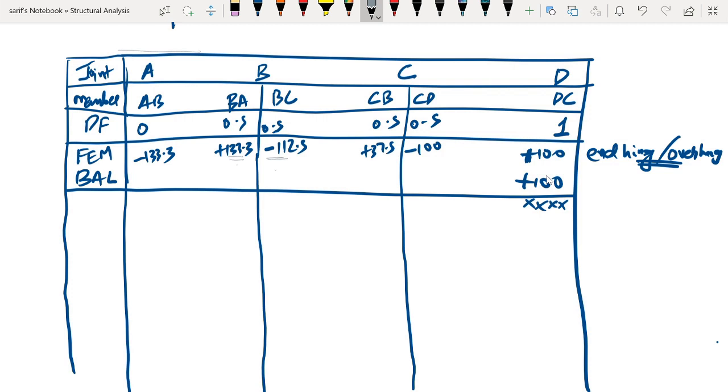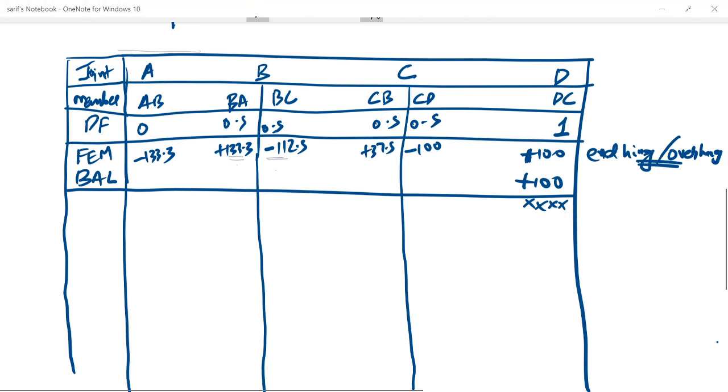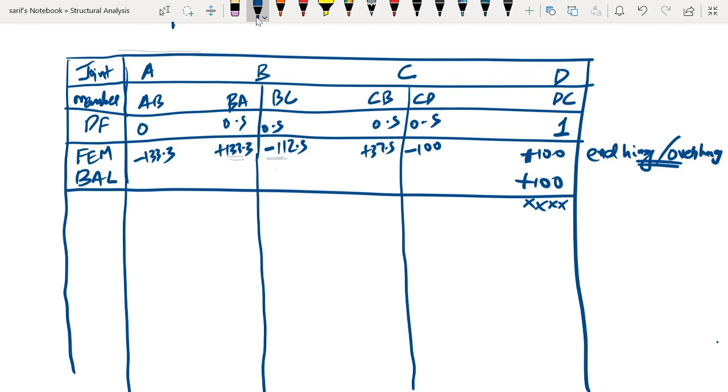Since it is 0.5, half will be distributed. So we have to write minus 10.4 here, and minus 10.4 here. Now if you add all these forces, you will see that the net moment is 0, that is, joint B is balanced.